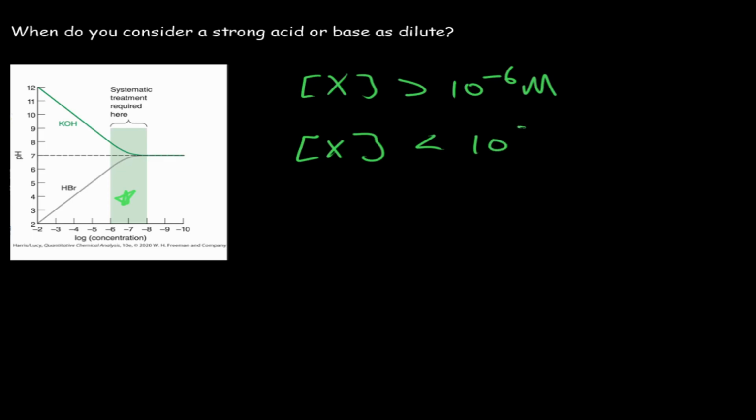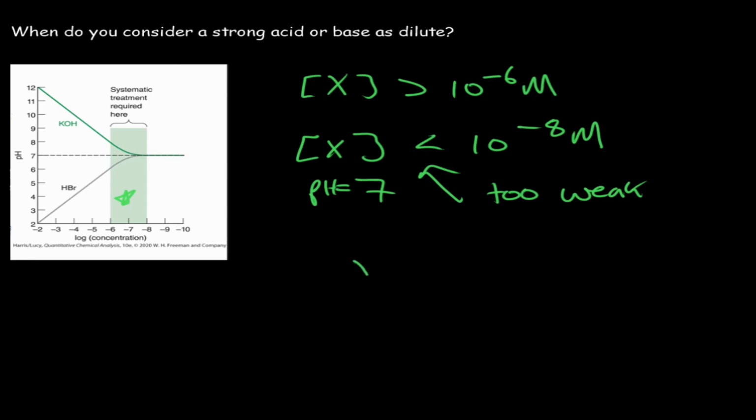So when should you consider a strong acid or base dilute? When the concentration of your acid or base is greater than 10 to the negative 6 molar, we can consider that a strong acid or a strong base, and we don't have to consider water autoionization. On the other hand, if the concentration of your acid or base is less than 1 times 10 to the negative 8th molar, our pH is actually going to be equal to 7. That's because the acid or base is too weak to actually affect the pH.